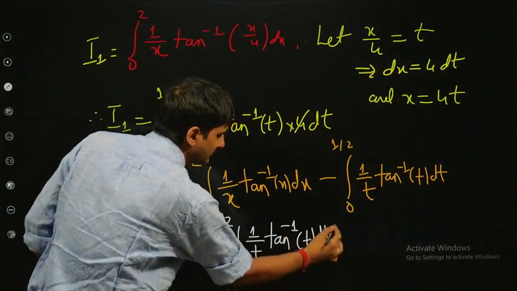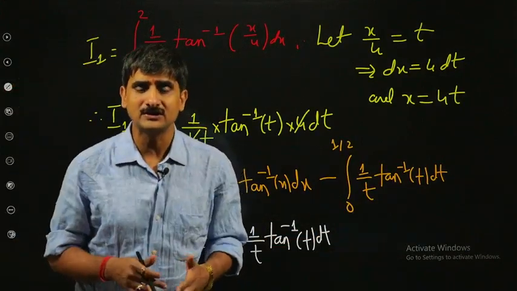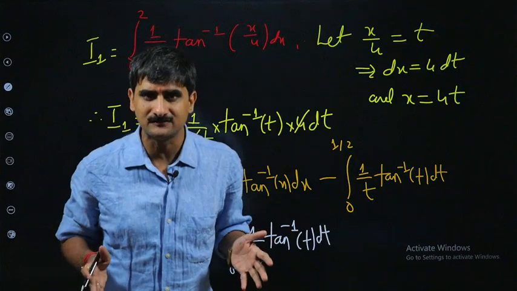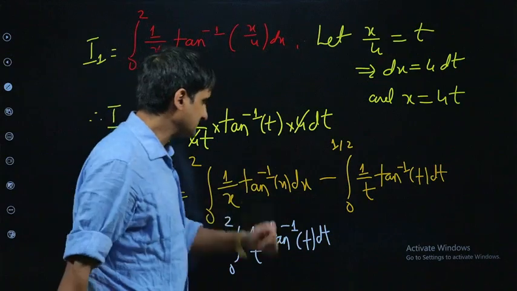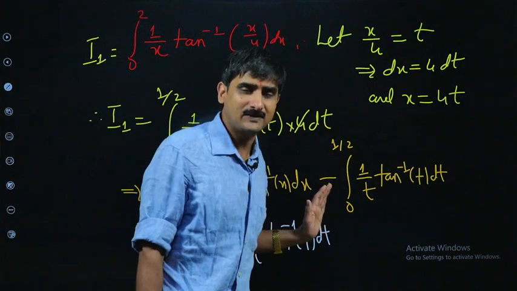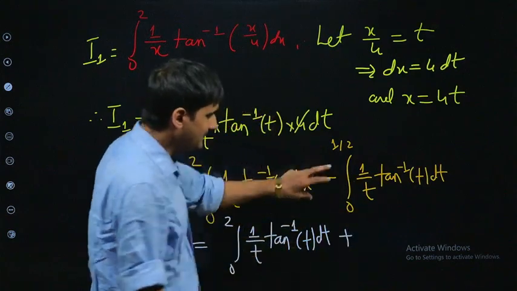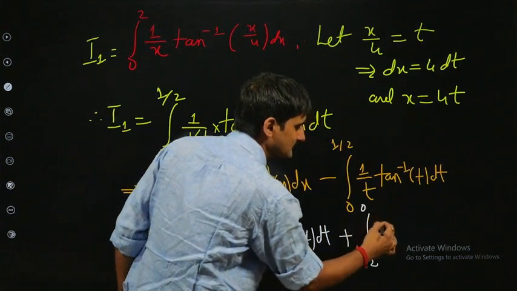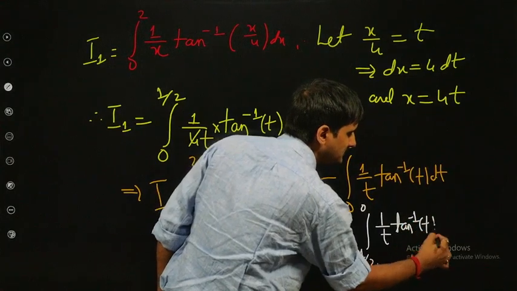I don't think anyone will object to it because we know that by retaining the limits of the integral and the same function, the change in variable won't make any difference in the answer of a definite integral. Using that statement, and if I want to manage this negative sign, I can write it as plus and then interchange the limits: half to 0, 1 by t tan inverse of t dt.